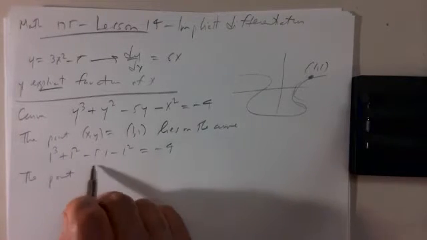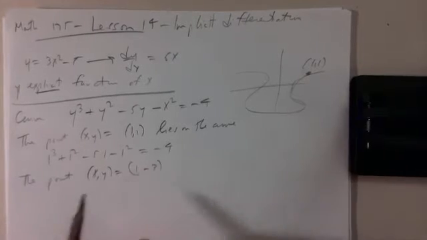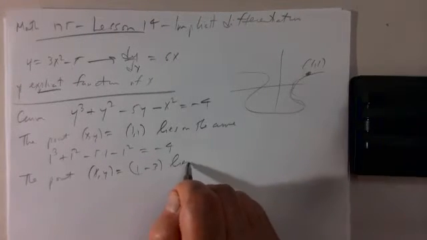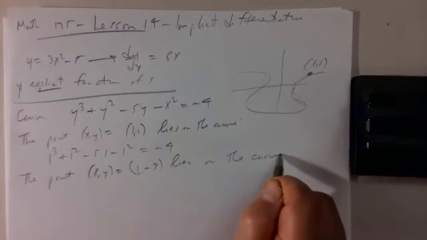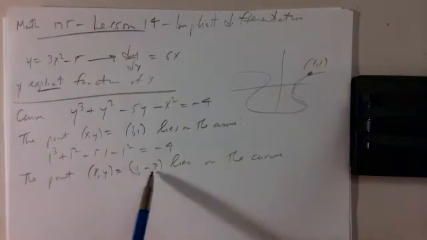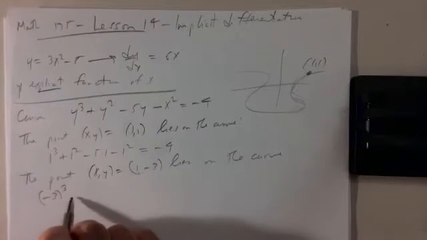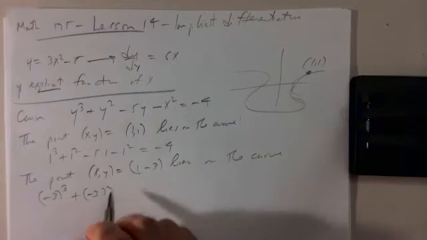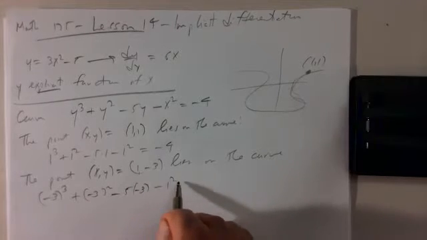The point (x, y) equal to (1, minus 3) also lies on the curve. Why do we know that? Because if you plug in x equals 1 and y equals minus 3, you get minus 3 cubed plus minus 3 squared minus 5 times minus 3 minus 1 squared.